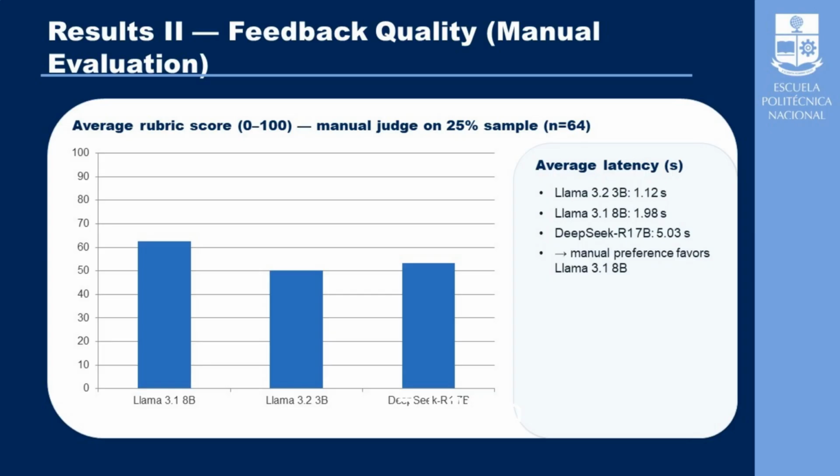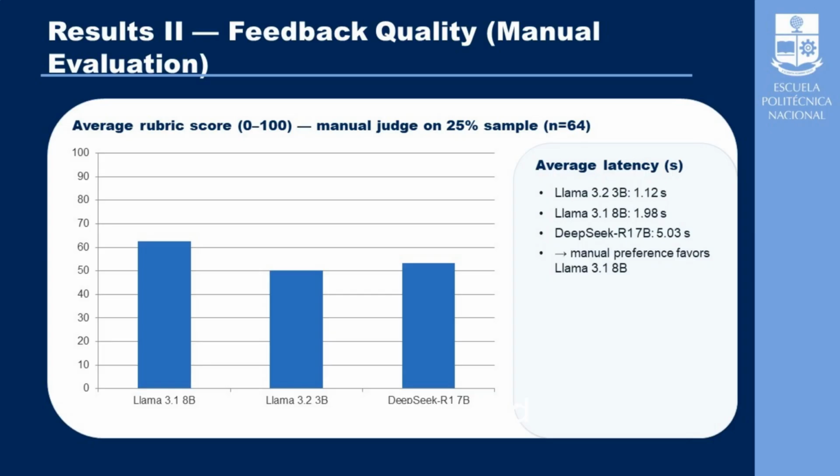DeepSeek R1 with 7 billion parameters follows at 53.21, and Llama 3.2 with 3 billion parameters scores 50.16. The paper interprets this as a meaningful separation. Llama 3.1 is preferred from the user's perspective, presumably because its feedback is clearer, more grounded, or more actionable.